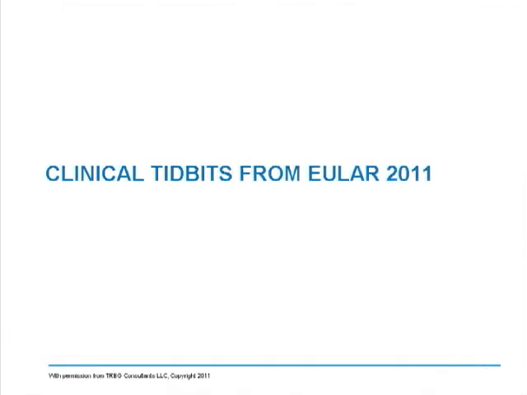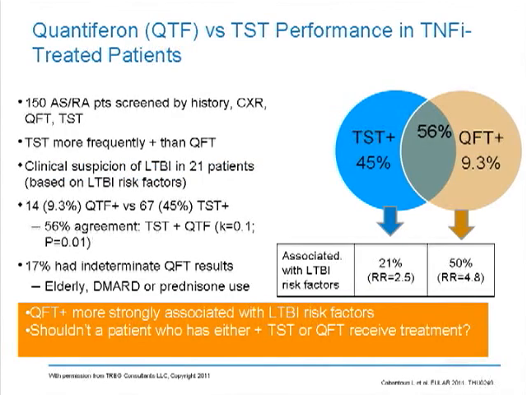This is another interesting abstract from EULAR, and it compares QuantiFERON versus the tuberculin skin test performance in TNF inhibitor-treated patients. So this is 150 patients with either ankylosing spondylitis or rheumatoid arthritis. They were screened by history, chest x-ray, QuantiFERON, and TST.